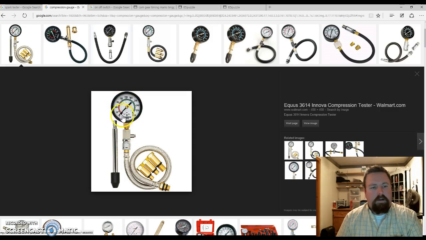So on a standard engine, they're showing you that here in the red is if you don't have 90 plus pounds, and that's going to be more typical for an actual vehicle engine. What we're looking at typically on small engines is somewhere 80 plus pounds per square inch. All right, so that is a compression gauge to check compression in our small engines.